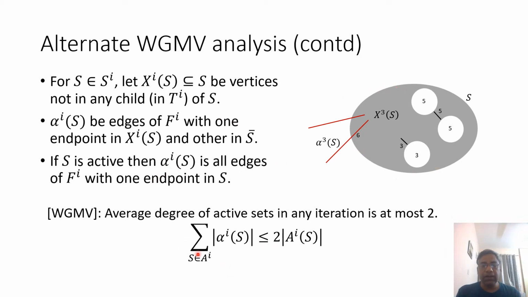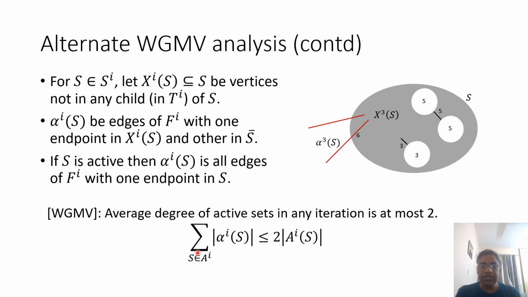And now I can recast what WGMV proved. They proved that the average degree of active sets in any iteration is at most 2. So this is of course their statement. By degree I mean the degree in the final set of edges F that we pick.